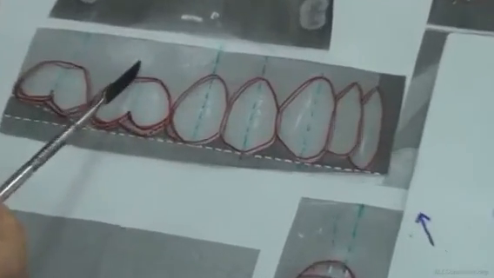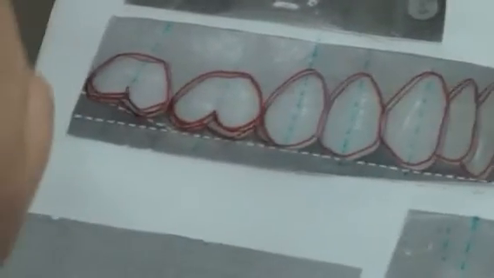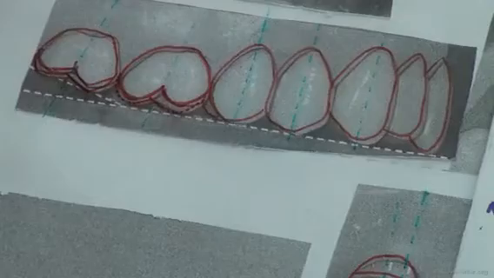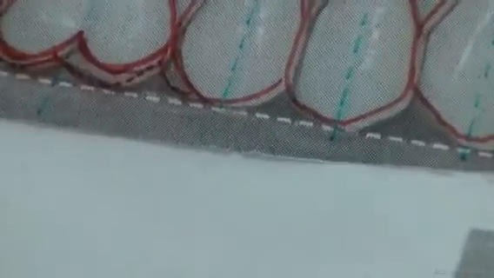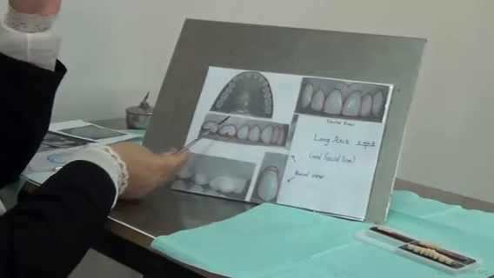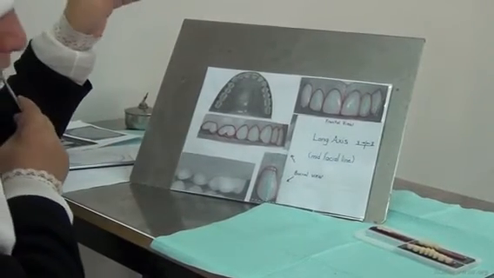But then the molar and the second molar are a bit tilted to the mesial by putting them into the curve of Spee, because the tooth is not flat on the occlusal plane. We have raised the distal. This makes the tooth slightly angulated mesially in the molar and the second molar. So if this is this side, it's tilted towards the mesial. This is what we call the long axis of the tooth.